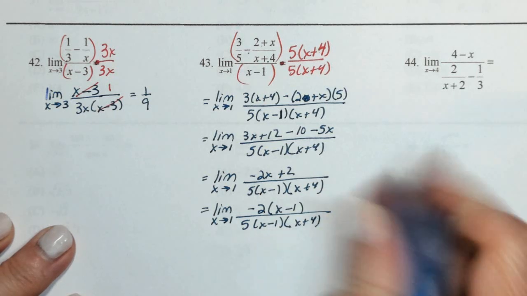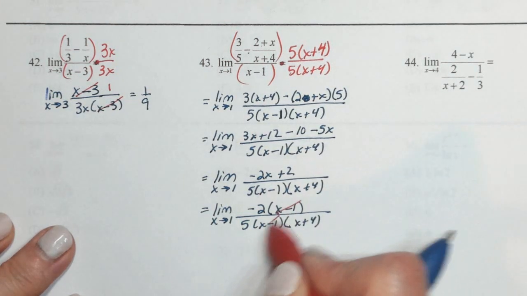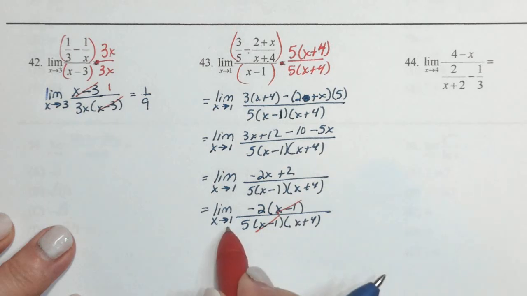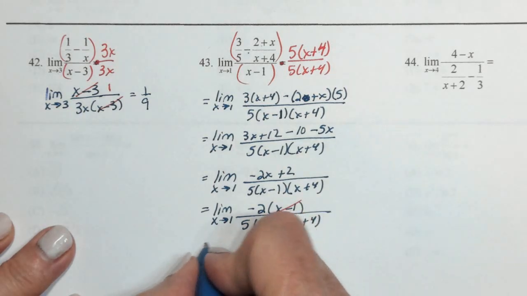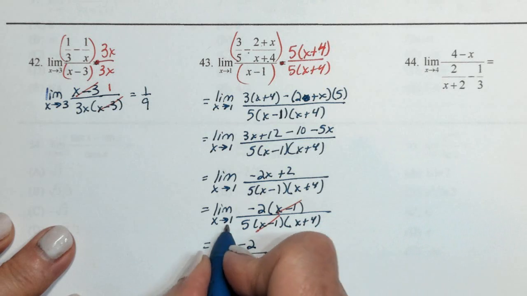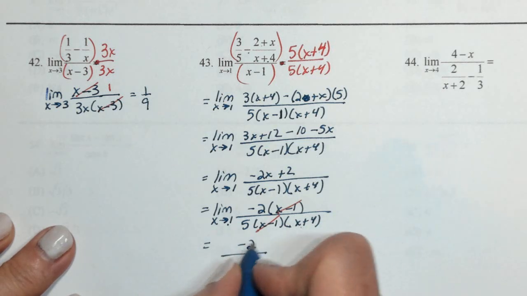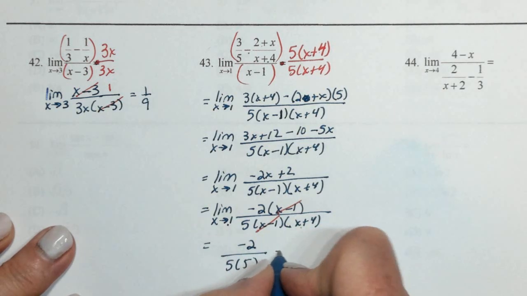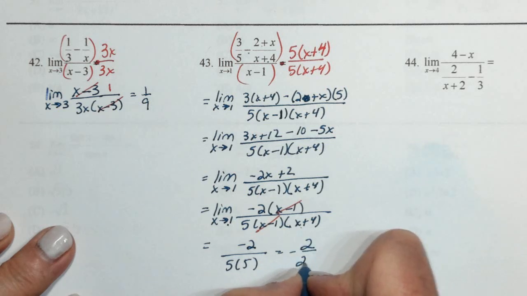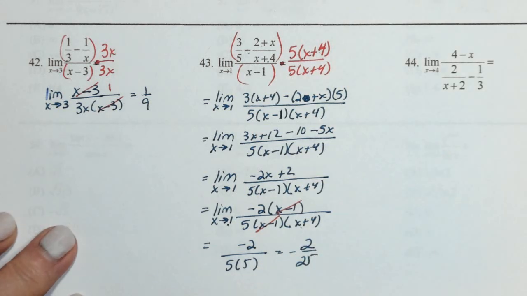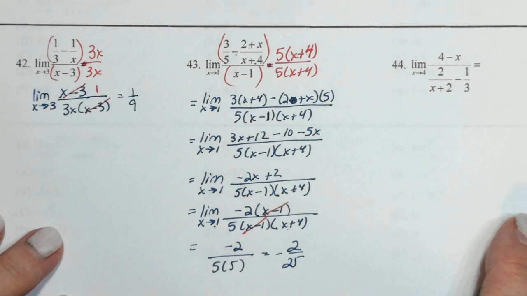And I can finally cancel this out, and we can cancel it out because x is not 1. And we're left with negative 2 on top. Now I'm putting the 1 in for the remaining x's. 5 times 5, so negative 2 over 25. Took a minute, but there you go.